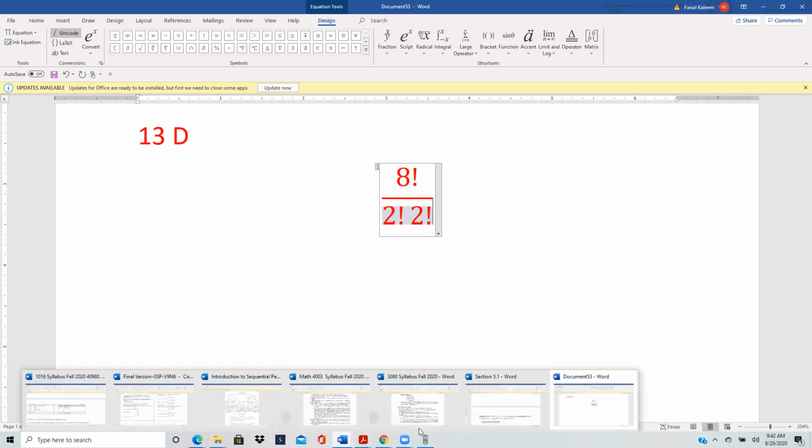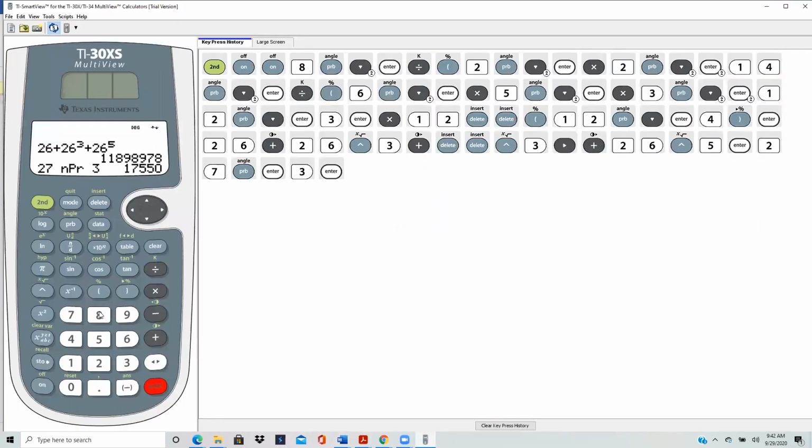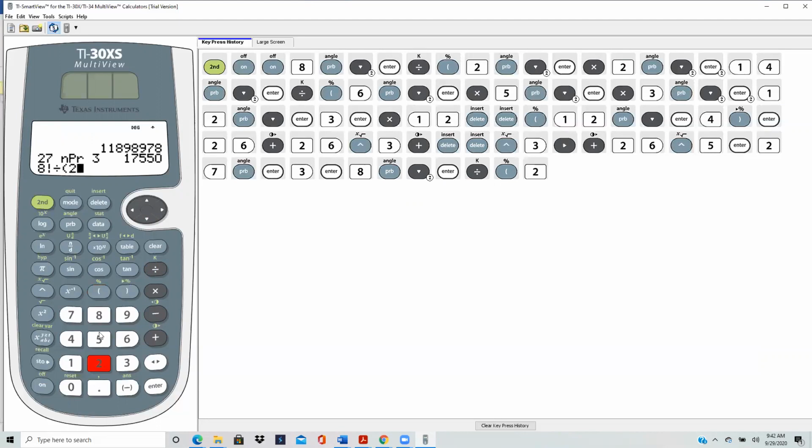So let's make use of this calculator. 8 factorial divided by, I'll put a parenthesis, and I already know that 2 factorial is 2, but if you don't know it, then you can just do 2 factorial times 2 factorial again.